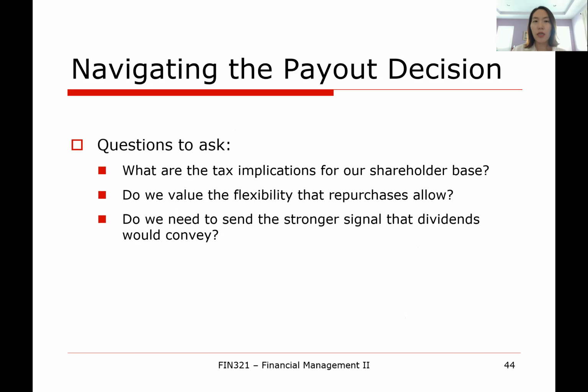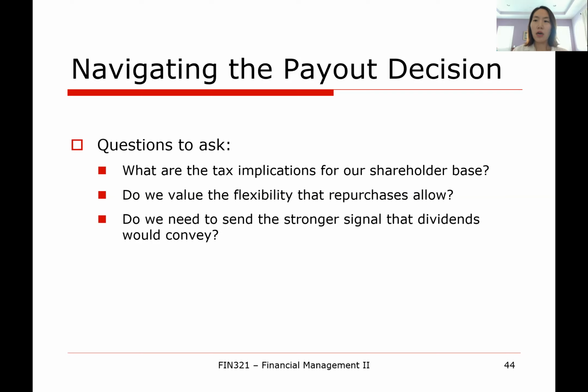Okay, so concluding, in navigating the payout decisions, the financial managers of a company have to ask at least three questions of themselves. First of all, what are the tax implications for their shareholder base? Because tax is the most important and most powerful factor that determines the investor's welfare and therefore the firm's value and therefore the firm's payout policy.